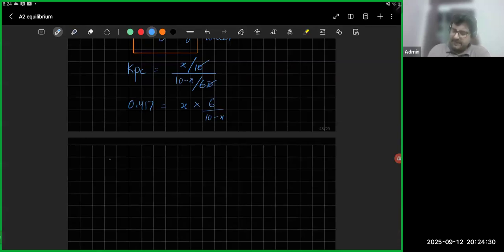So 10 minus x, if I take it to the other side, it's going to be 0.417 into 10 minus x. 0.417x is equal to 6x, and that's 4.17 is equal to 6x plus 0.417x. Let's go solve.